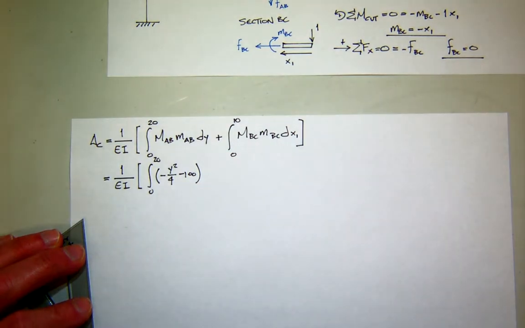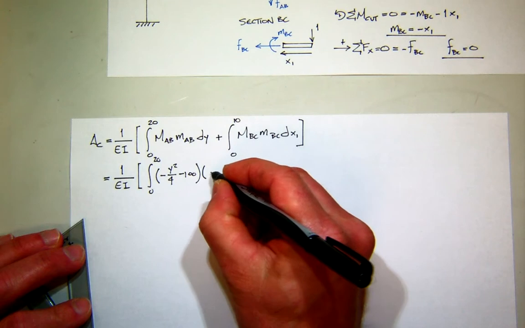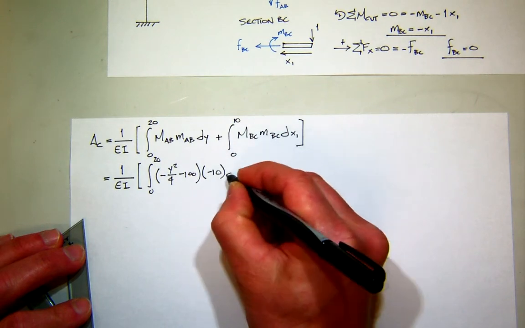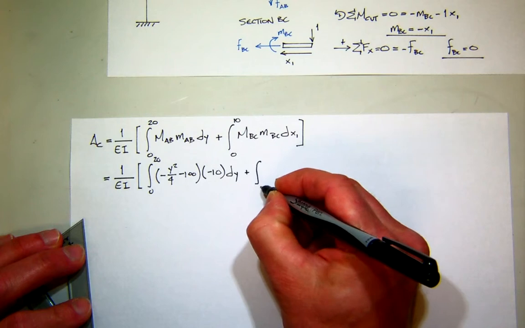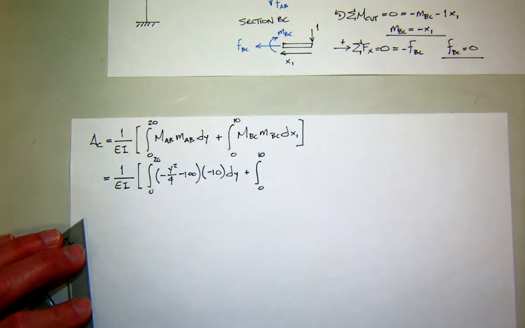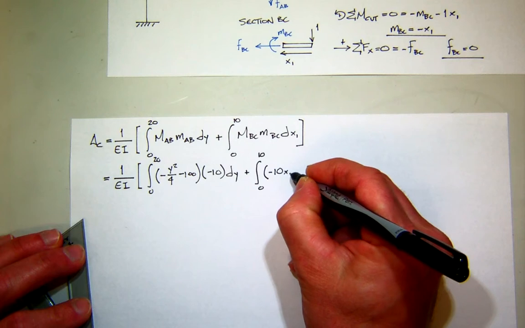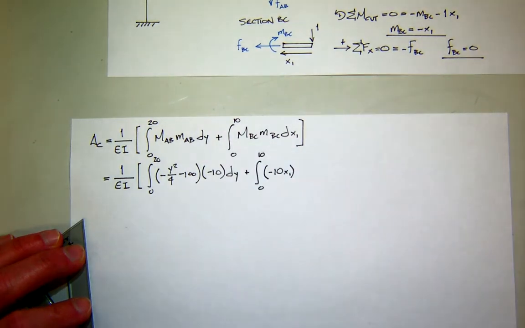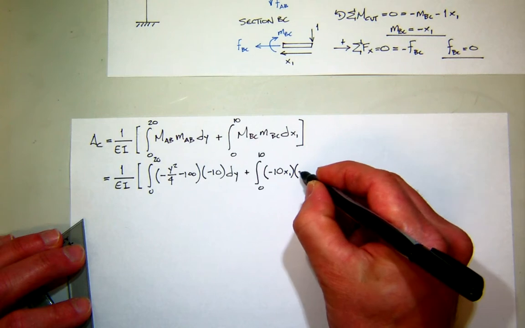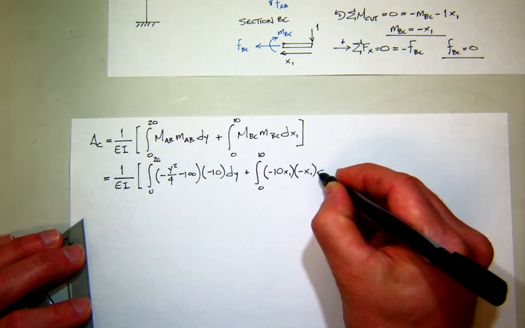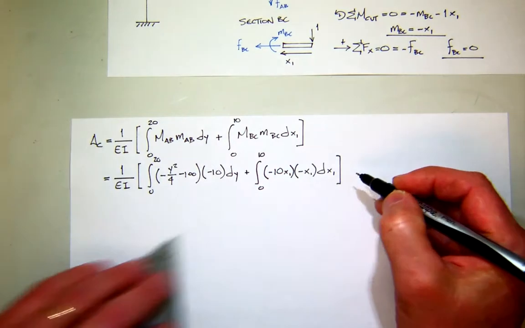And the virtual moment in AB is minus 10. Plus the integral from 0 to 10 of the real moment BC, which is minus 10 x1, and the virtual moment BC, which is just minus x1. That'll be dx1. And we'll close up the bracket on that.